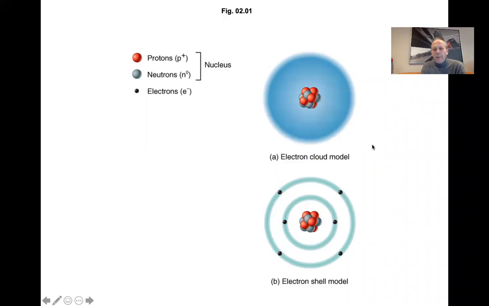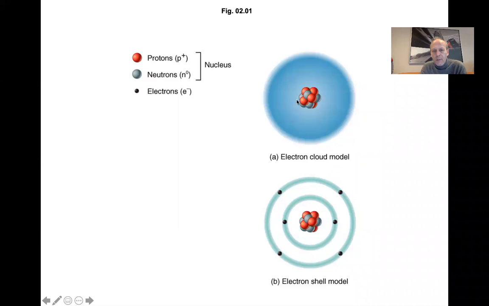So we're going to have here an idea of what an atom, as the smallest unit of matter, is made of. It is, of course, made of a nucleus, within which we can have positively charged particles, or protons, and heavy particles with no electrical charge, and they're called neutrons.